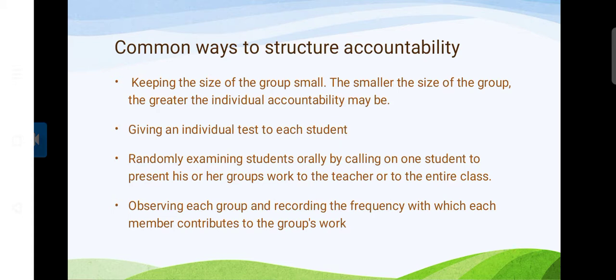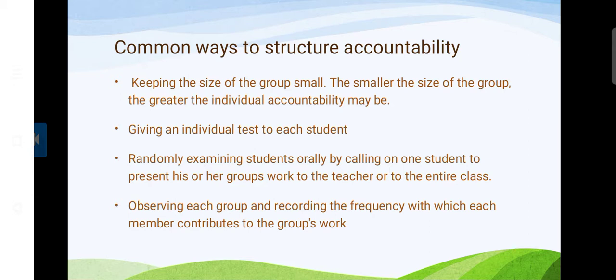So let's move on to common ways to structure accountability. Keeping the size of the group small: the smaller the size of the group, the greater the individual accountability may be. Giving an individual test to each student. Randomly examining students orally by calling on one student to present his or her group's work to the teacher or the entire class.